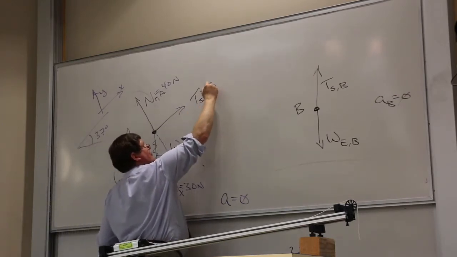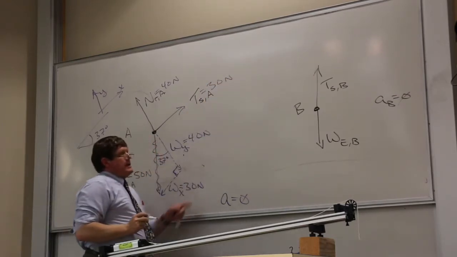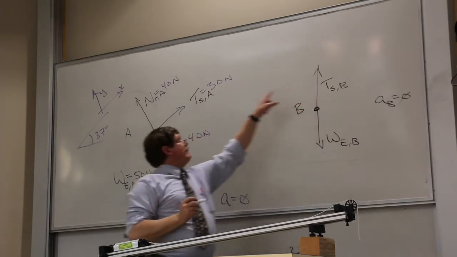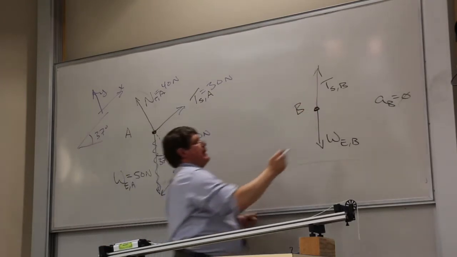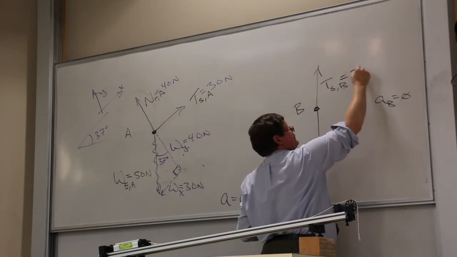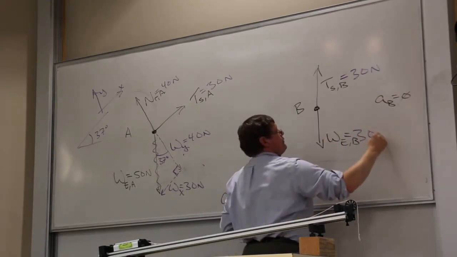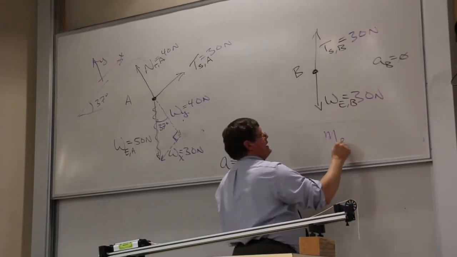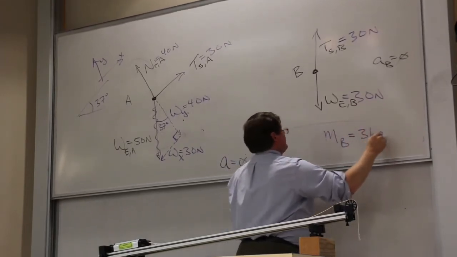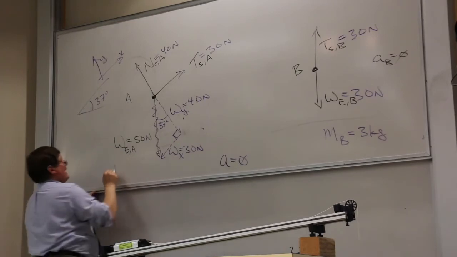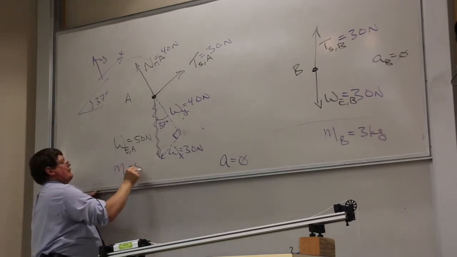It has to be 30 newtons. Because this is the other end of the massless string, by the law of massless strings, this is also 30 newtons. And that makes this 30 newtons, which means the mass of B is 3 kilograms. Now clearly the mass of A is 5 kilograms.